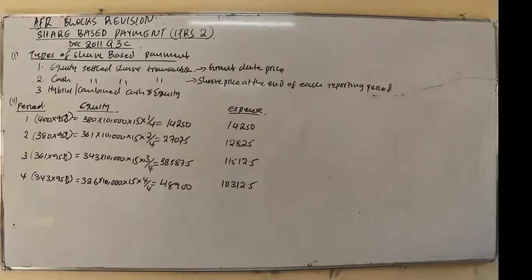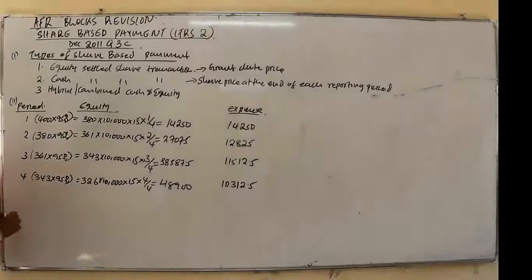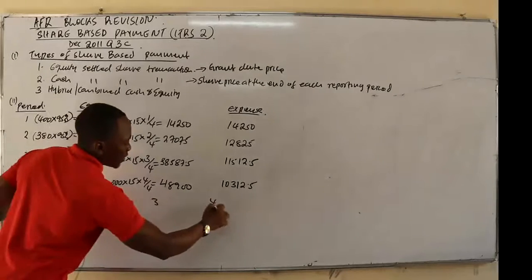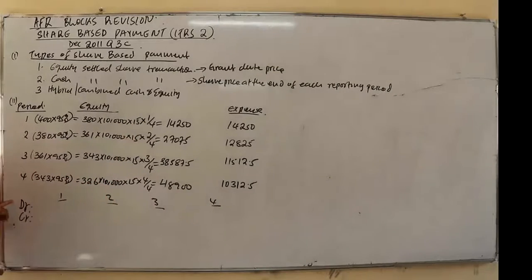So how do you account for that? What do you debit and what do you credit? So in the first year, second year, third year, fourth year, you debit the expenses, and you credit equity.